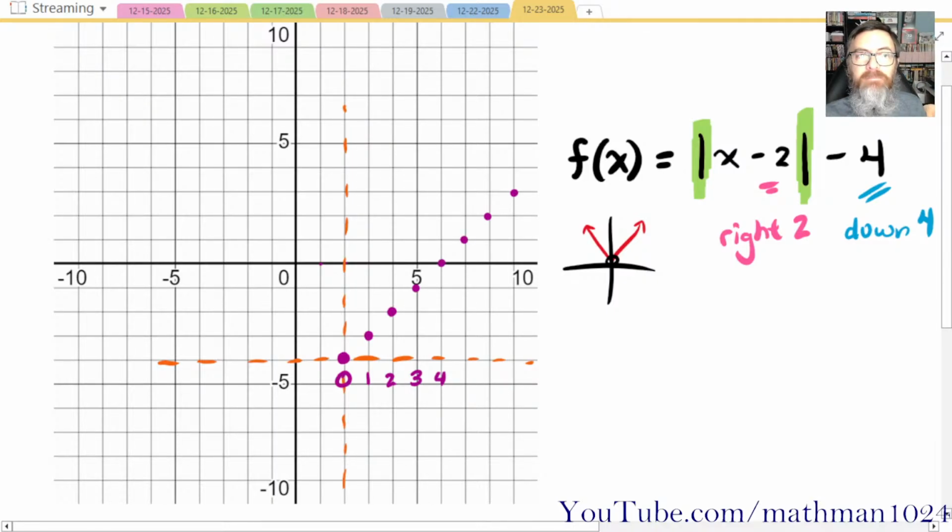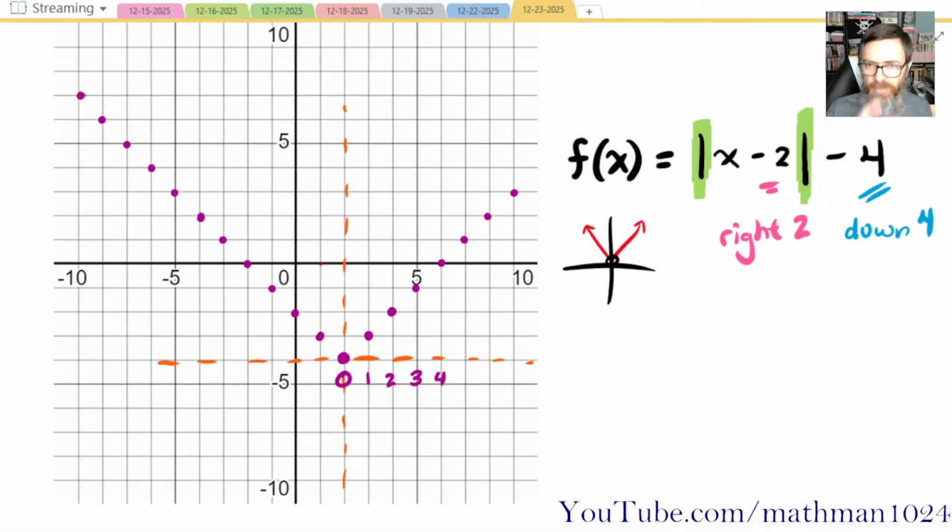So just like that. And we have this line of symmetry that goes through the vertex, so we copy these points on the other side. And my recommendation is that you plot as many points as will fit on the grid. Go all the way to the edge, because remember, we talked about the domain for this yesterday.